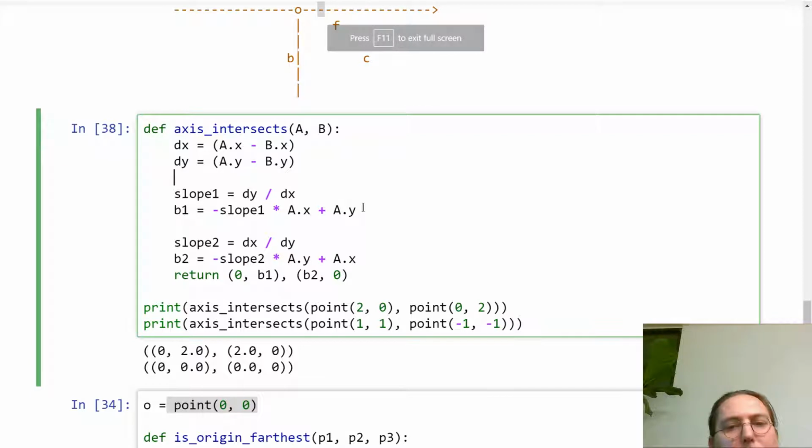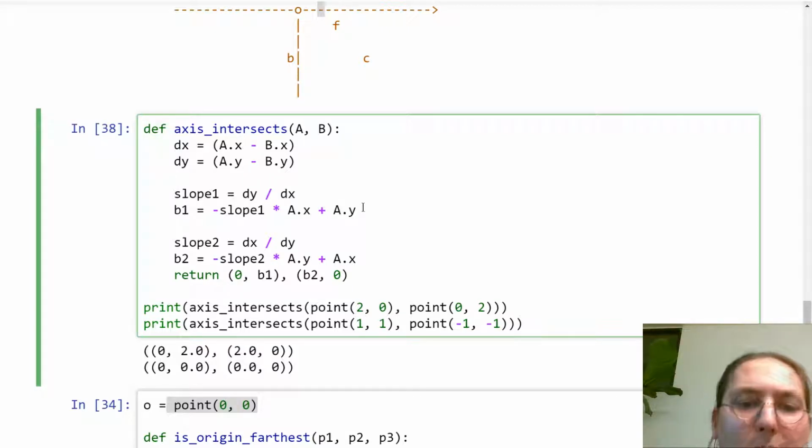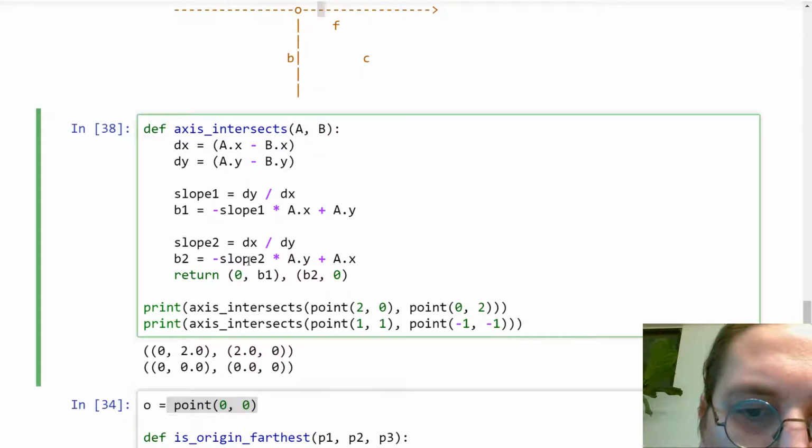Yeah, if we checked b, I think we do minus b over a.